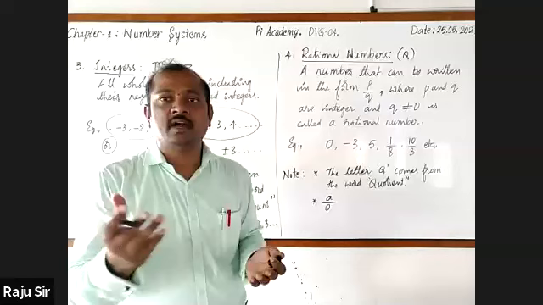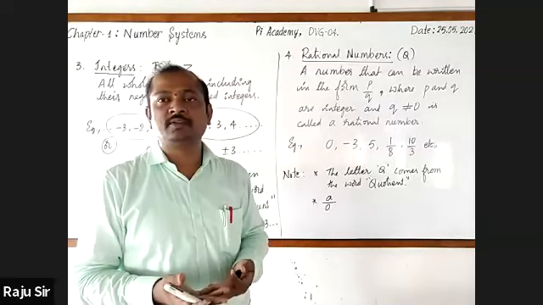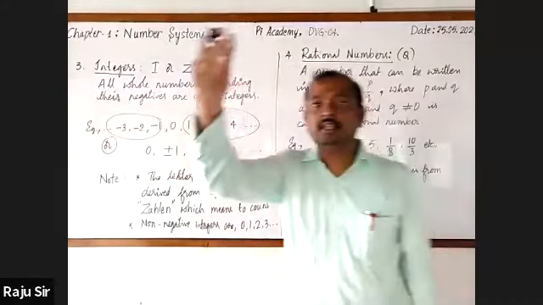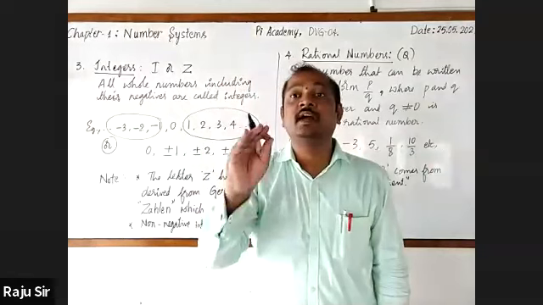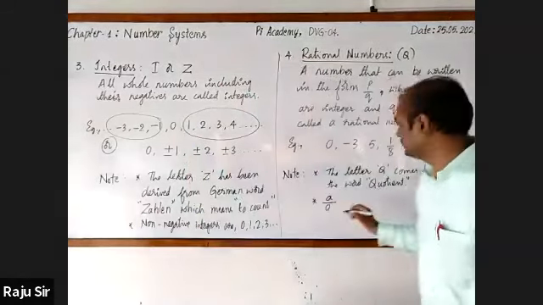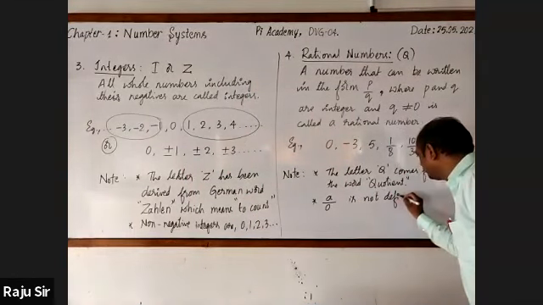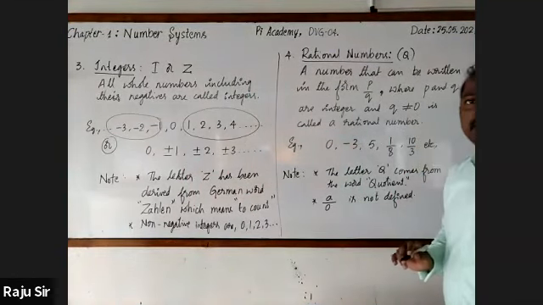It is an undefined term in mathematics. So a may be any number. I told you that any number divided by 0 is undefined. Please copy: is not defined.